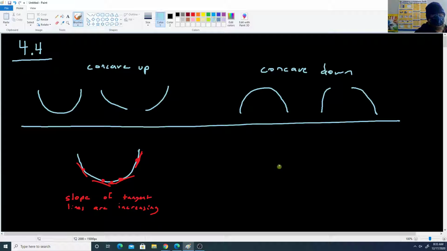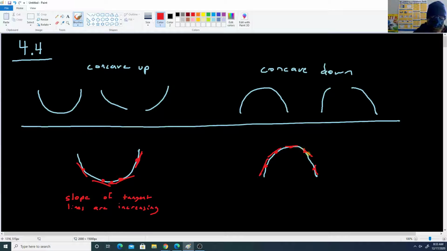And we can probably guess, well, the slope of the tangent lines when you're concave up, if the slope of the tangent lines are increasing, then when you're concave down, we would maybe expect the opposite to happen. And we'll just kind of verify that it does. So we start out very steep and positive. We get less steep, still positive. We become 0.